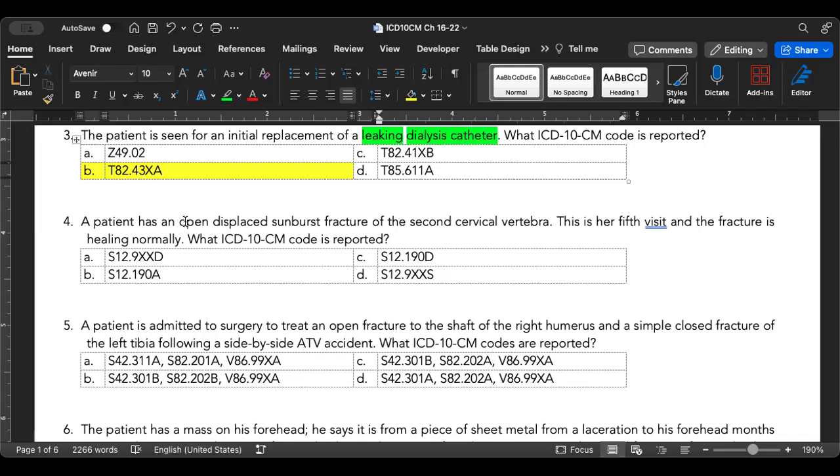Not necessarily open versus closed, but what is the type of fracture that they indicated was present? Nope, not displaced. It's after the word displaced. Sunburst. Yep. So sunburst fracture is going to be a specific type of fracture. So what is our code that we're going to verify in the back?